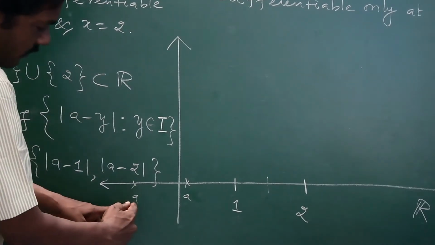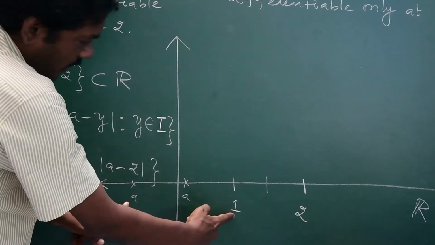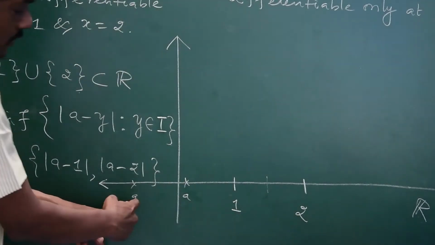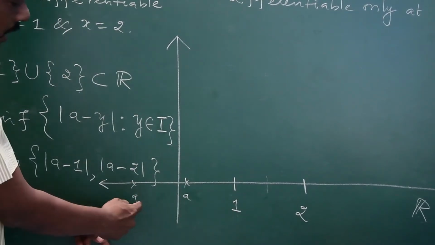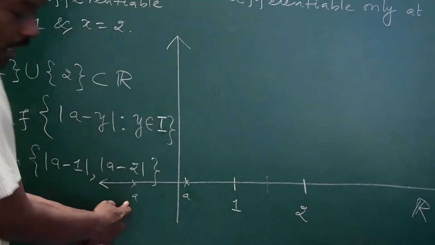So consider the distance between a and 1, and consider the distance between a and 2. Which is closer to a? Obviously 1 is closer to a when compared with 2, which is far away from a.